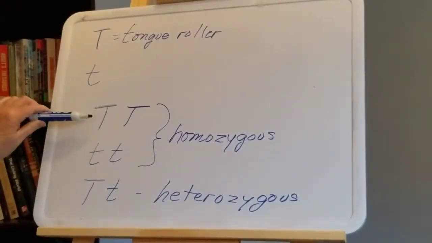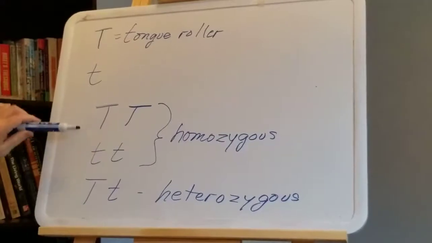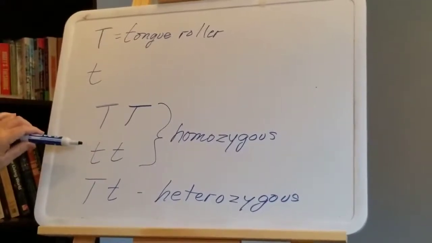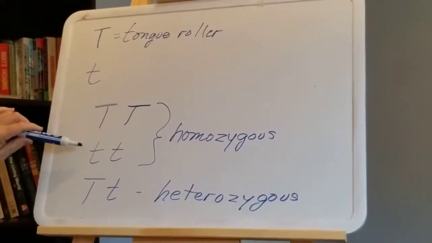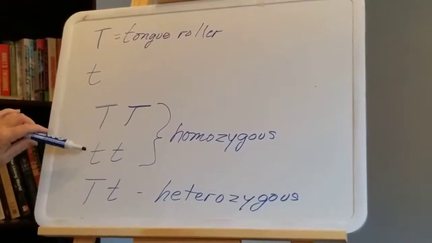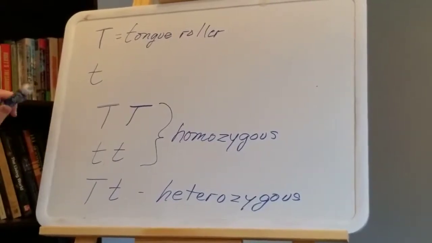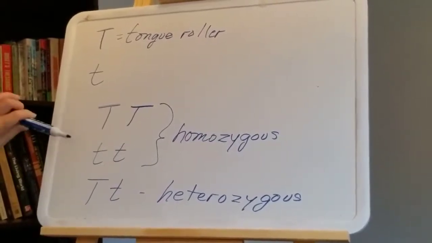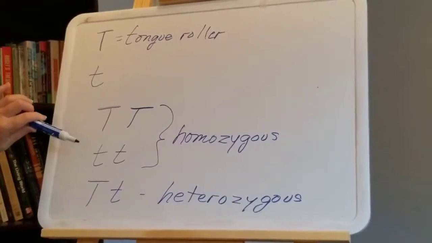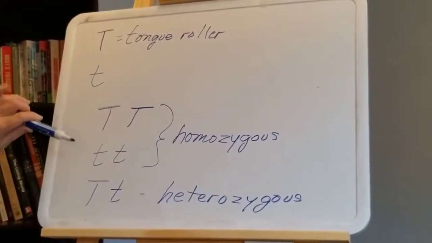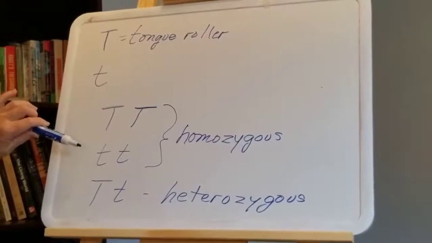The capital letter designates that it's dominant, the lowercase that it's recessive. The only way with complete dominance that you will see this recessive trait, in this case, that you cannot roll your tongue, is if both of the genes that you have are the lowercase t's.